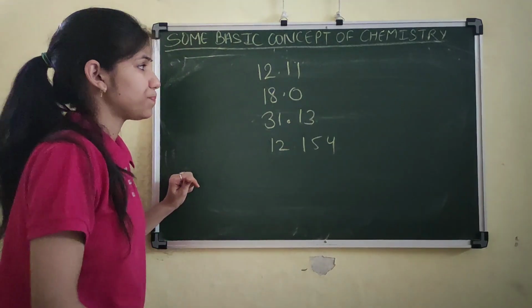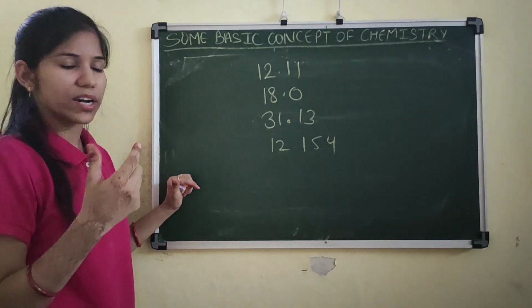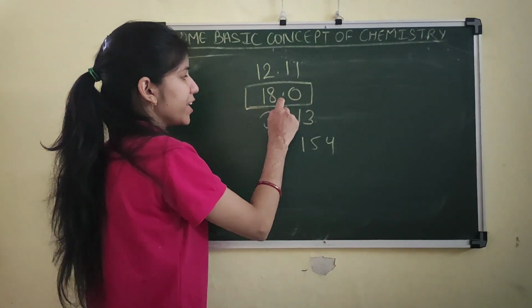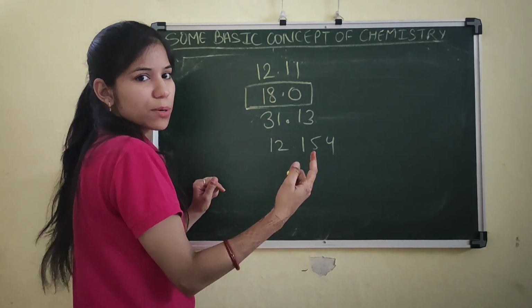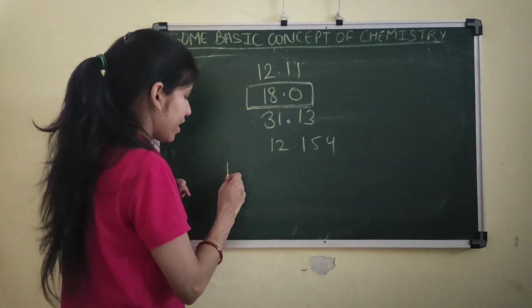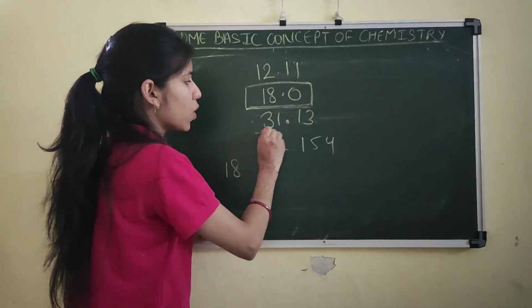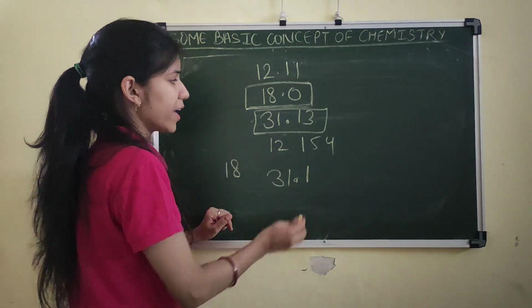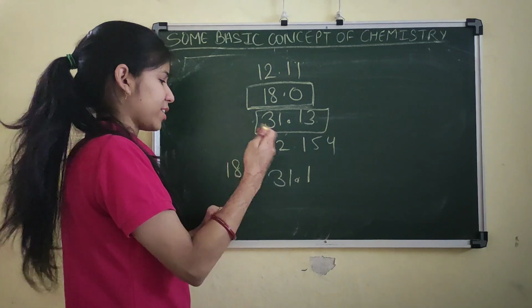In this, the number with the fewest significant figures is taken. There is only 1 digit after the decimal point at the right side, so the result keeps only 1 decimal place. So this can be written as 31.1 and all the other digits after the point are removed.